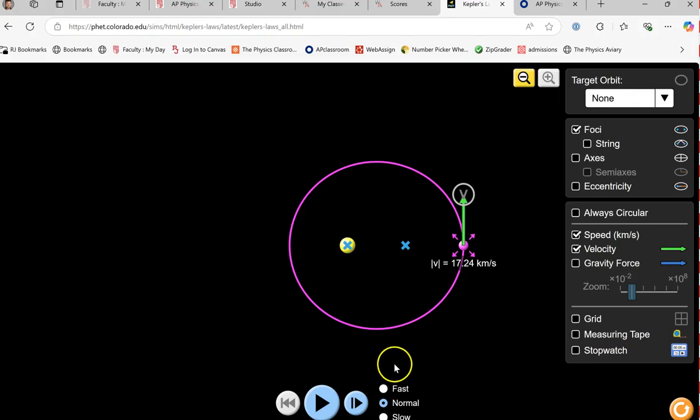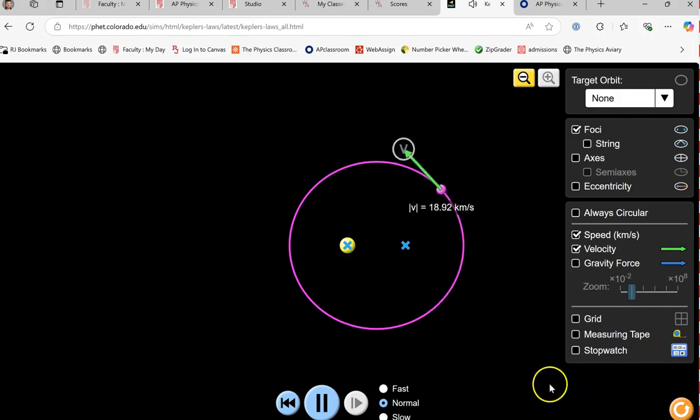I have it up there so that it shows you the speed as we go around. I don't know why the sound. I've never heard planets make that noise. I'm going to turn that off because that's really annoying. So look at what's happening to the speed as we go around. As we come around this side, it's faster, slower, slowest, starts to speed up again.